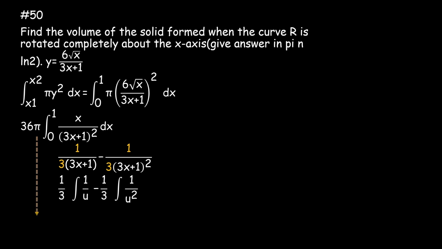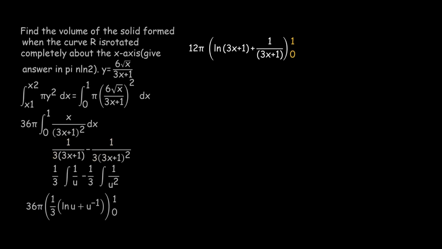So we would have 36 pi times 1/3 natural log of u minus u to the power minus 1, plus c. Now we can substitute back the value of u as 3x plus 1, and we get 12 pi times the natural log of 3x plus 1 plus 1 over 3x plus 1.